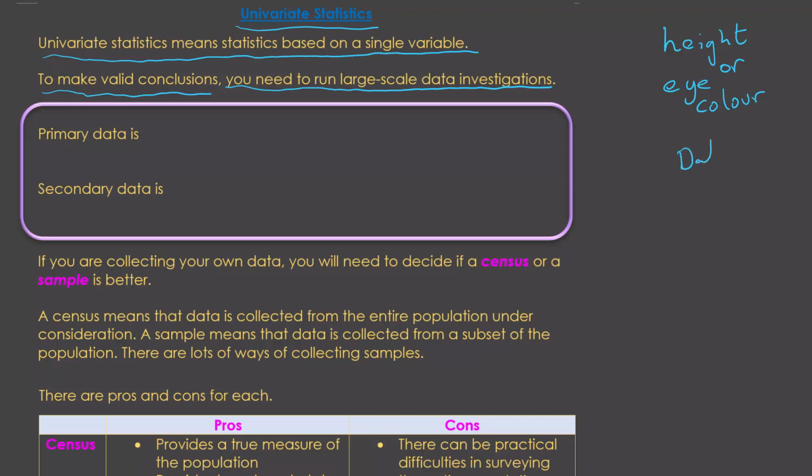Let's just quickly remind ourselves about data. We know that data can be numerical or categorical, and we know that these can be further split. What we mean by primary data is data you collect yourself.